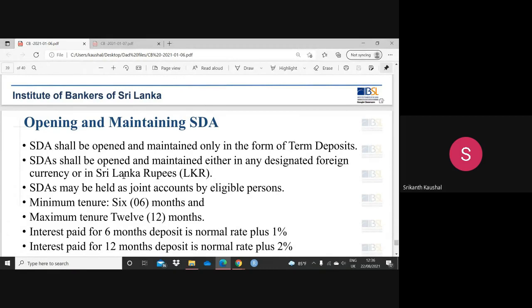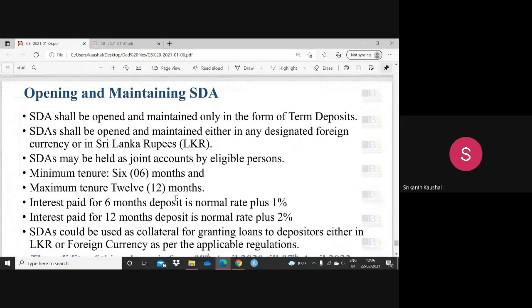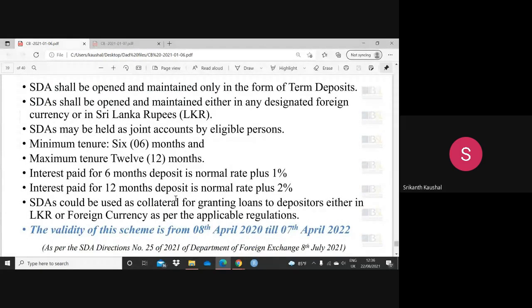So this is more beneficial for people to bring money into Sri Lanka. Then the SDA could be used as security, as collateral for granting loans to depositors either in LKR or foreign currency as per the applicable regulation, right? All these directions are as per the regulation issued by the central bank last month. They have only extended it up to 2022.